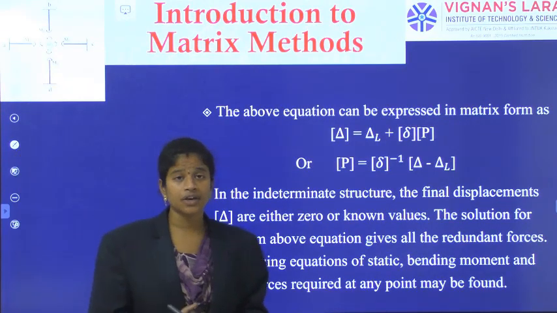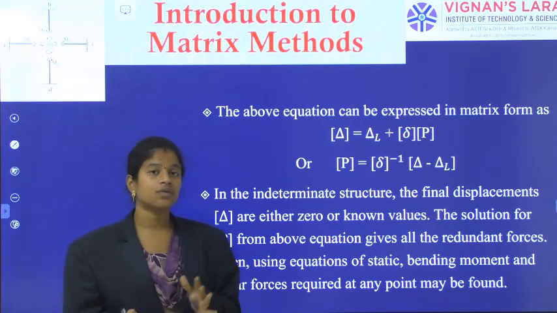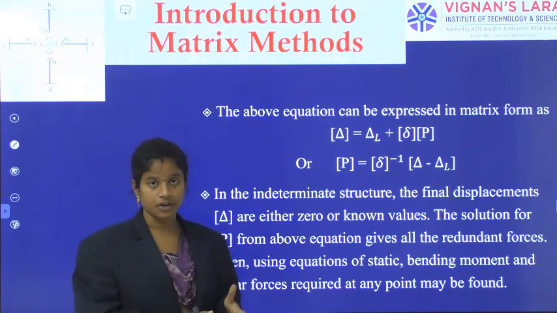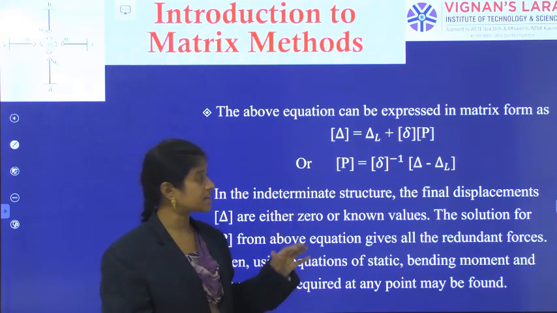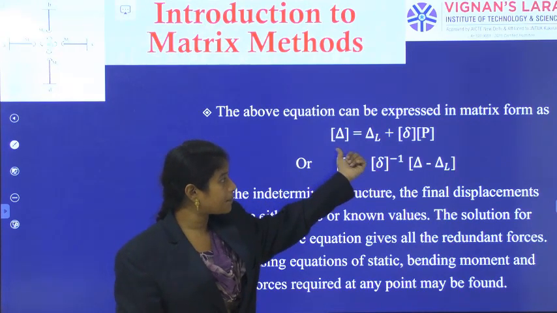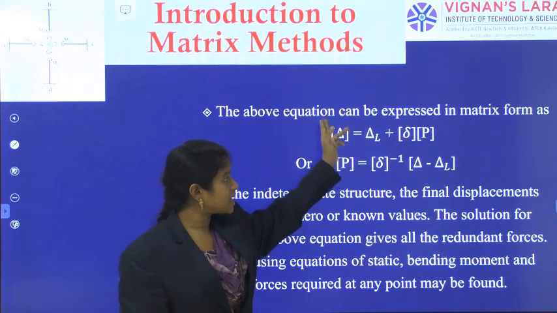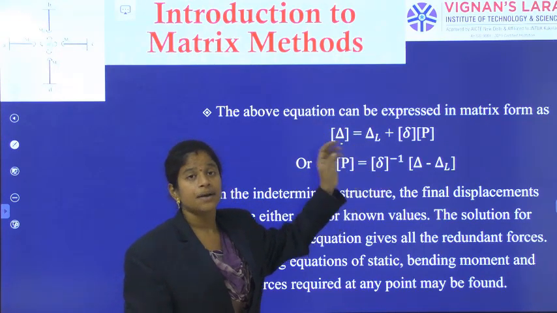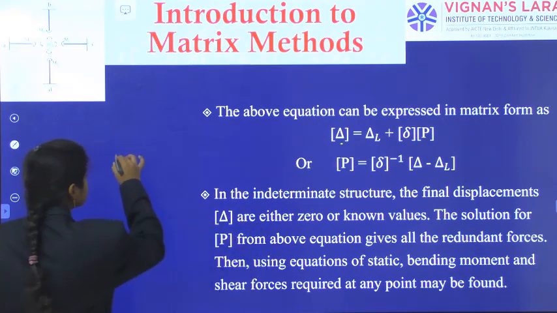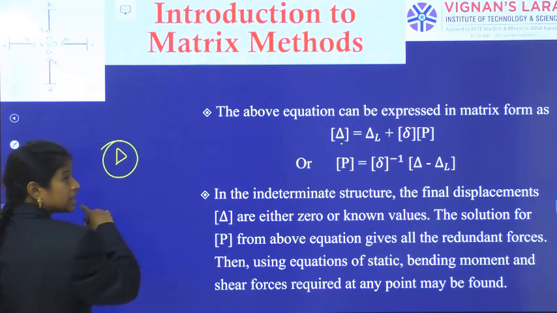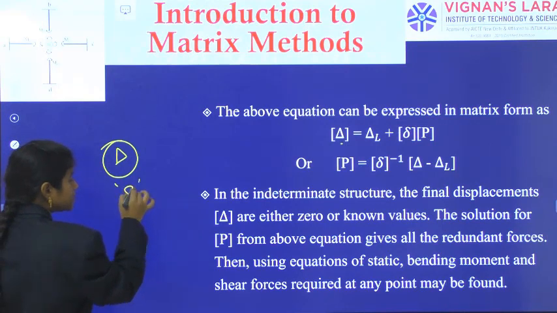Now, from the above equation, I can write delta is equal to delta L as the first term, plus delta times P. I can separate this into matrix form. When I keep P as it is, delta minus delta L divided by delta, that is, P is equal to delta inverse of delta minus delta L, where delta L is the deflection due to load and delta is the flexibility matrix.